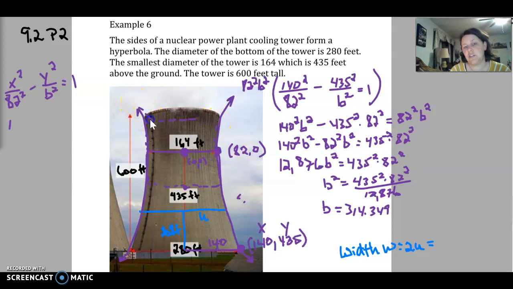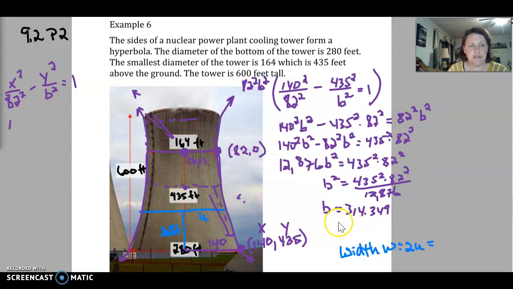If I add our construction rectangle there, like that, and my hyperbola's there. Anyway, we know that it's going to be before the 435, so that's a pretty good estimate. As long as it's not something really outlandish, we should be good. Okay, so that is my b value.